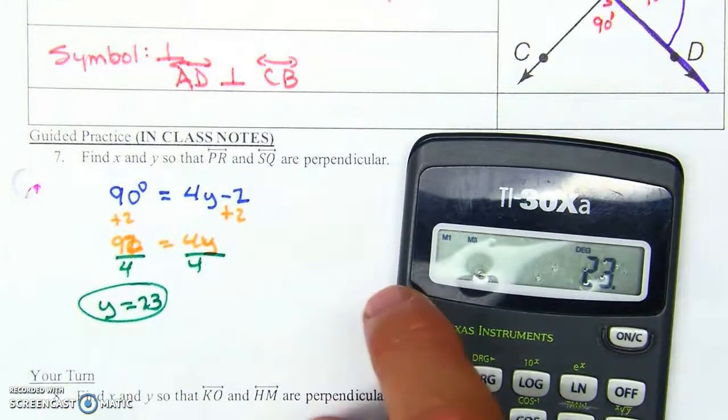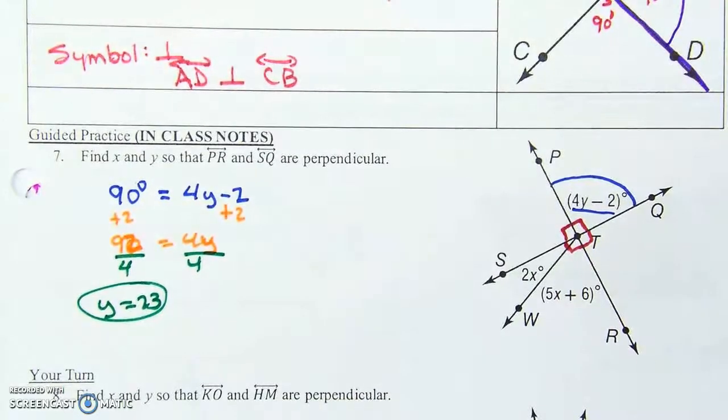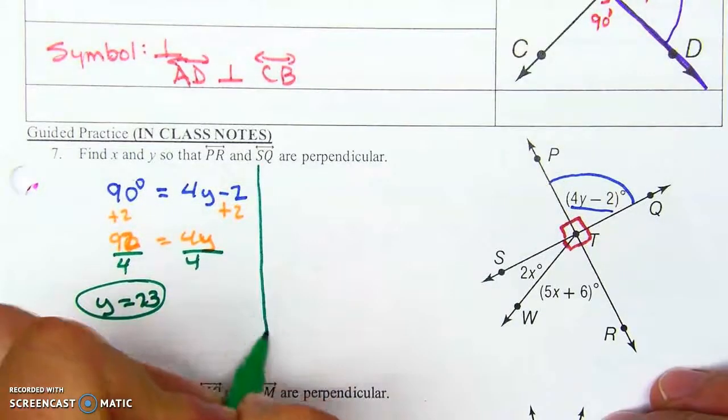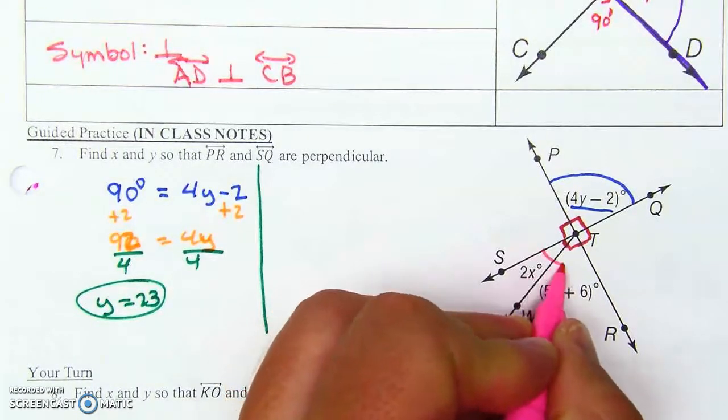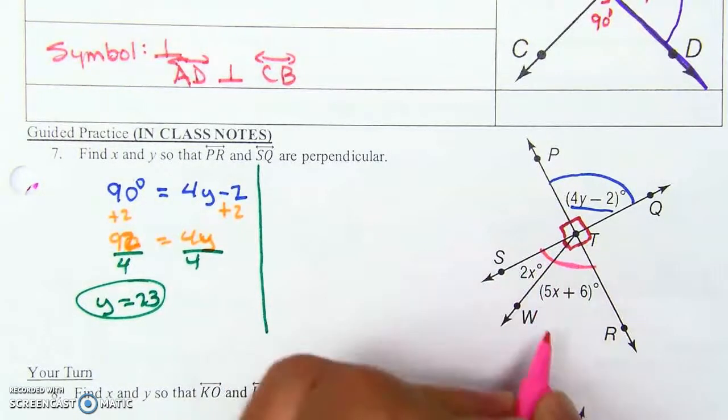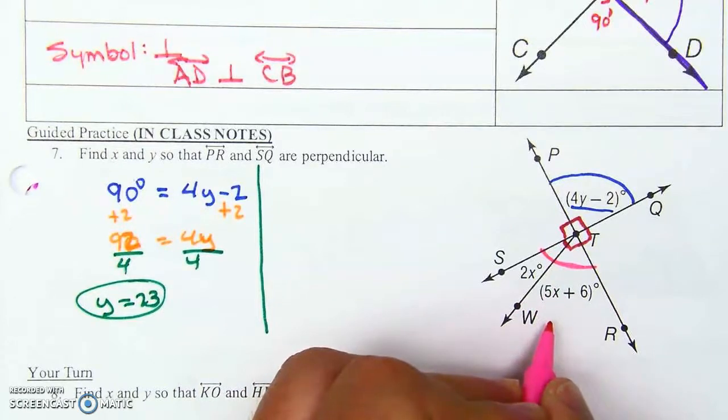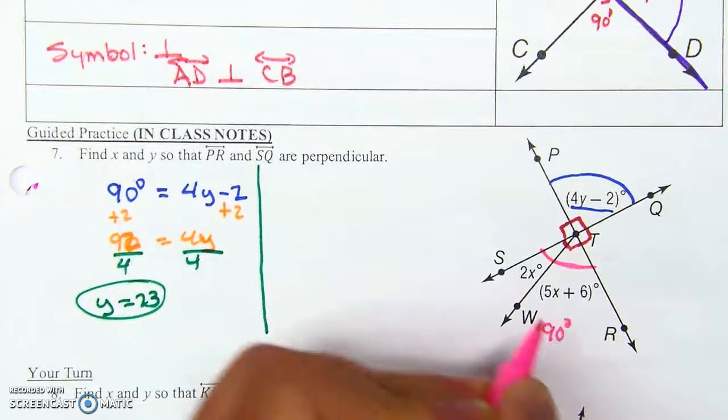Now, solving for x is going to be a little more complicated, but not much. As we marked, these two angles together are going to equal 90 degrees, like we said up here.